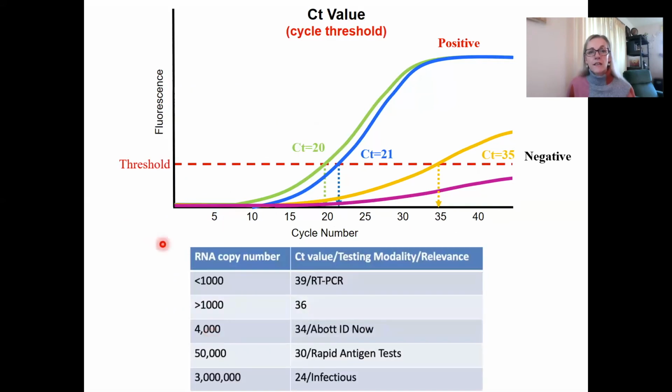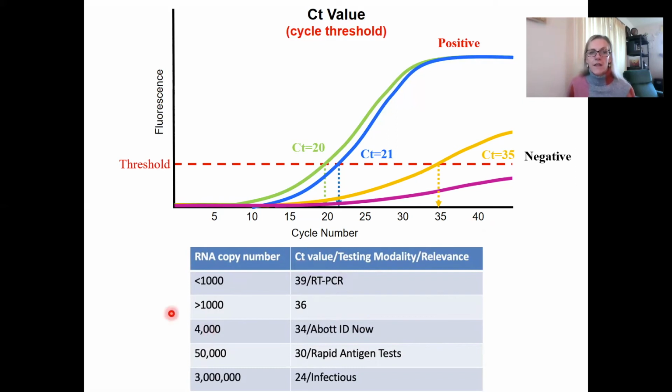They measured the actual RNA copy number of viral RNA and determined that less than 1,000 copies is around cycle 39. And that's really not enough copies to be infectious.